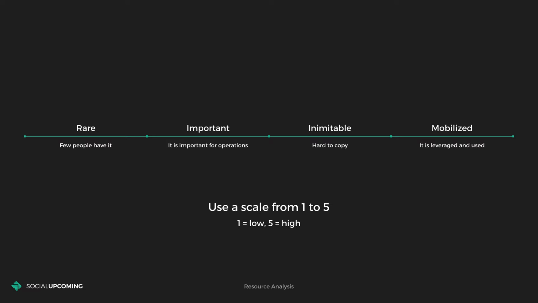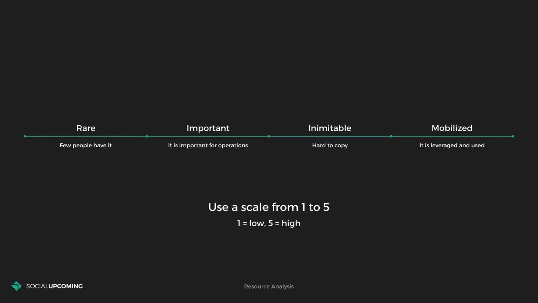Rare is if few people have it. If you have a rare resource, then it should be limited. It should be finite. Let's take an example of natural resources. Let's take diamonds.